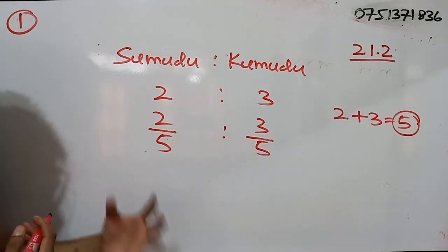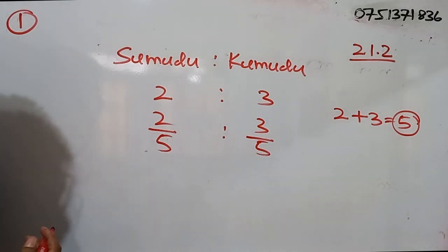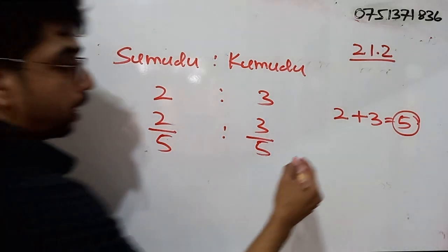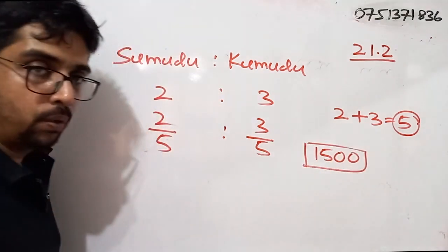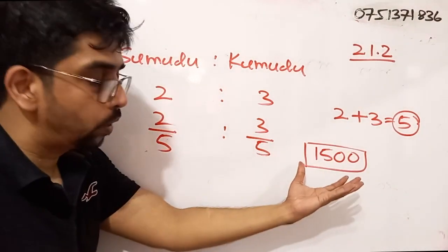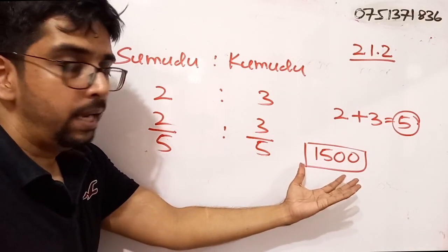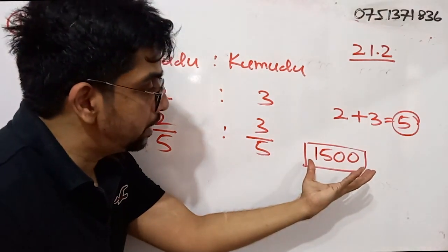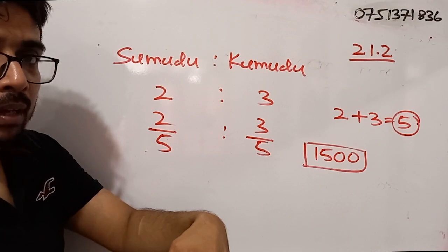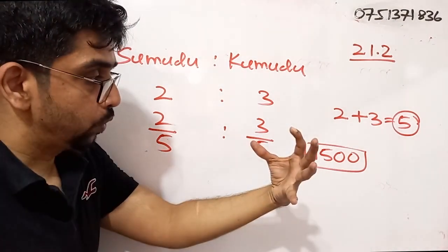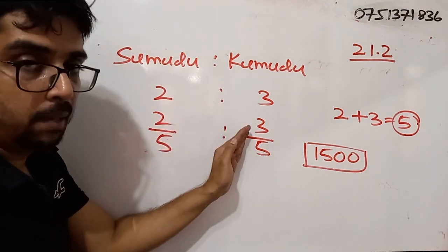What is the value of one part? We are dividing 1500 in a ratio, no? That means the total value is equal to 1500. Right? So we take this number and we divide it by 5. Right? So Sumudu gets 2 parts, Kumudu gets 3 parts.